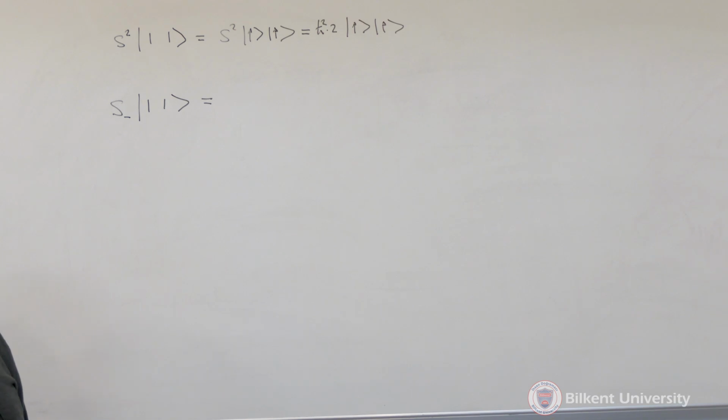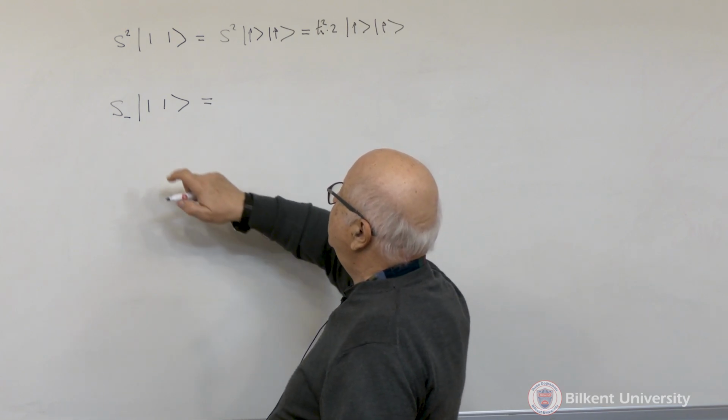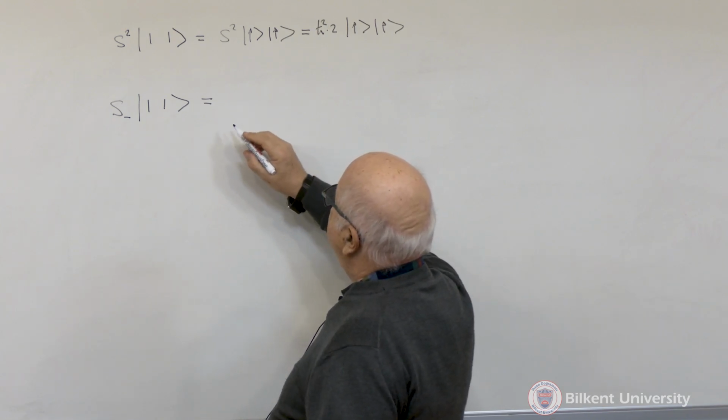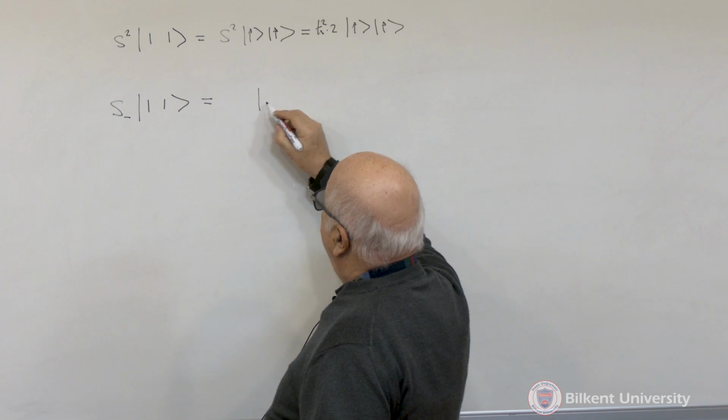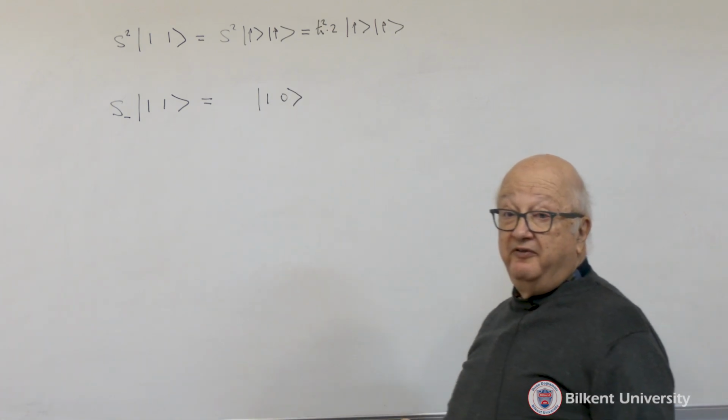Lowering operator. Which one does it lower? 1, 0. Okay, so it lowers the Z index, which is MS. So this is going to be 1, 0, but there will be a prefactor.